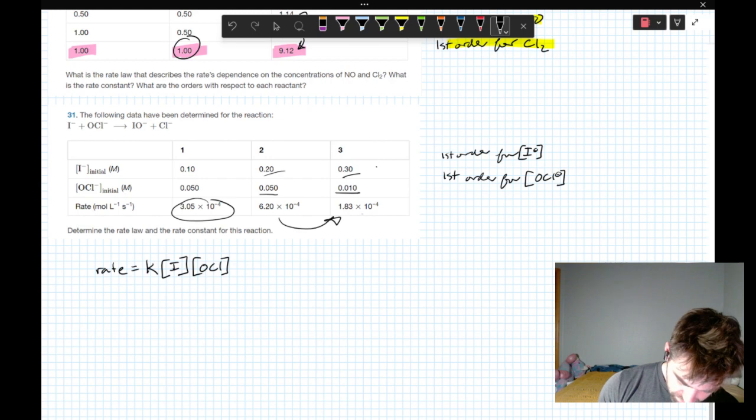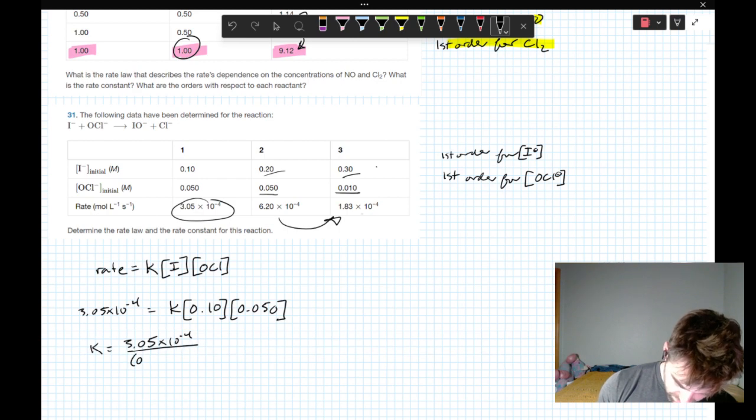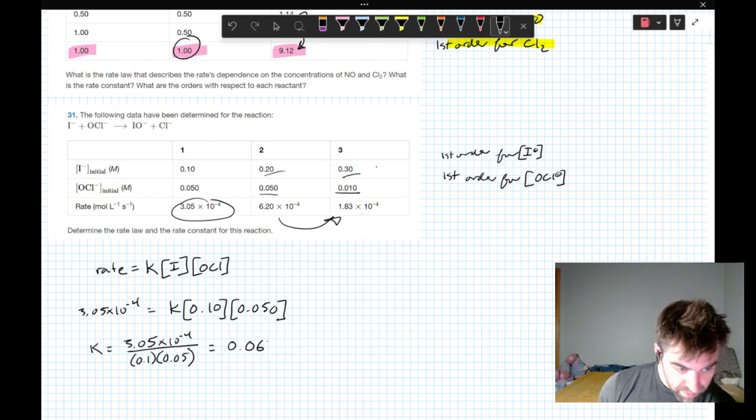3.05 times 10 to the negative 4 equals K times concentration of iodine times concentration of OCl. Do some algebra to get K by itself. And that gives us 0.061.